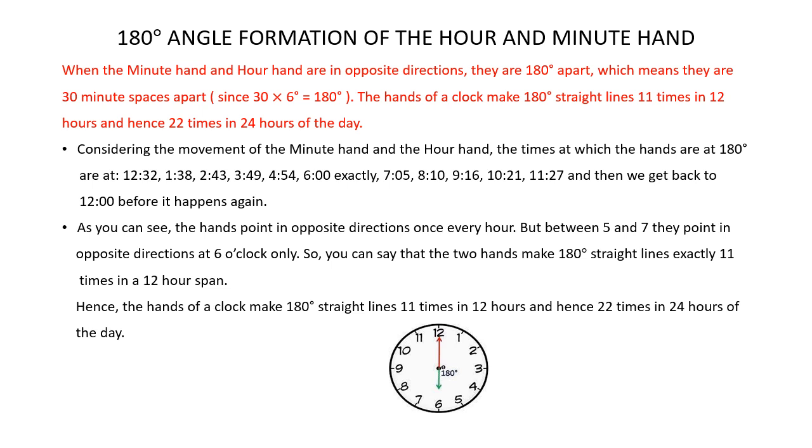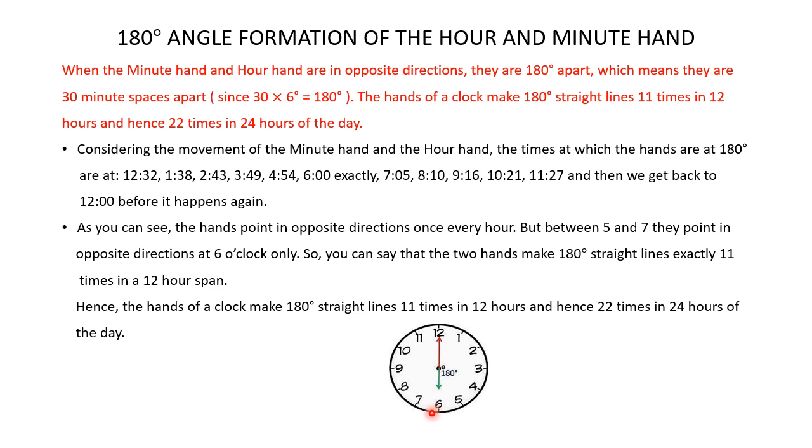So in these 2 hours between 5 and 7, the hands of the clock point in opposite directions only once, not 2 times.